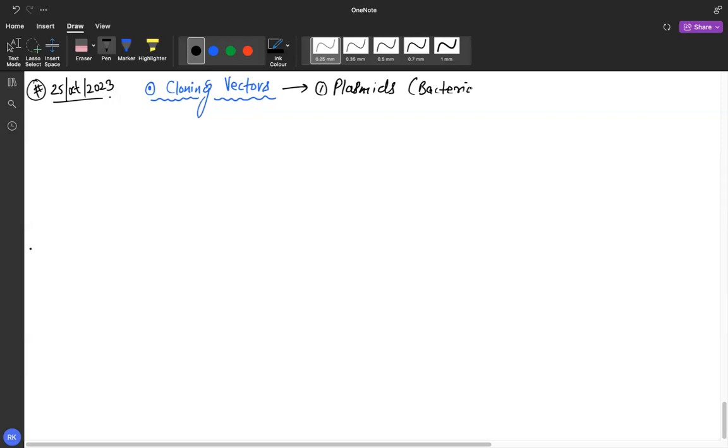Do you know anything else that can be used as a vector? Something that has a very high replication rate, something that can make a lot of copies of itself. Bacteriophage. Yes, and what are bacteriophages?